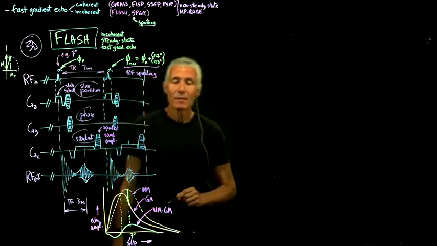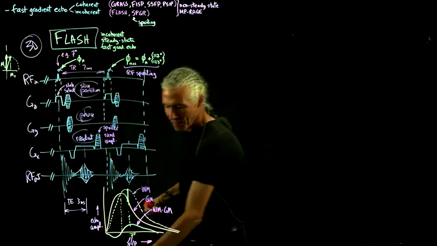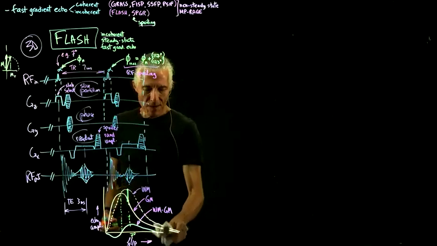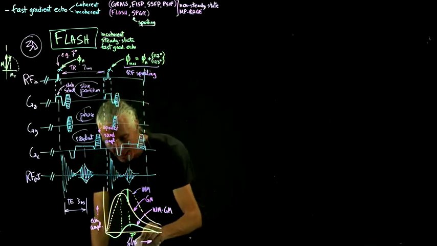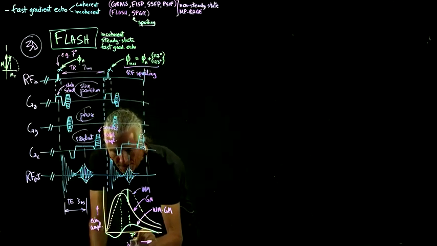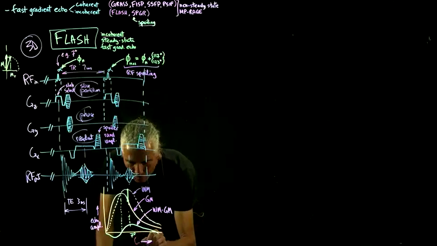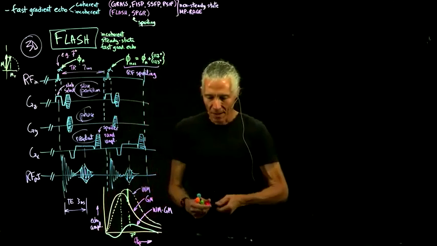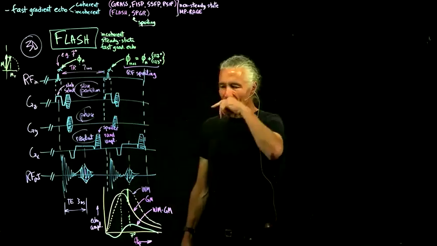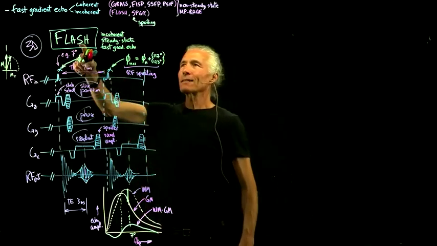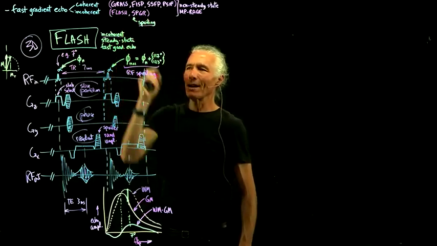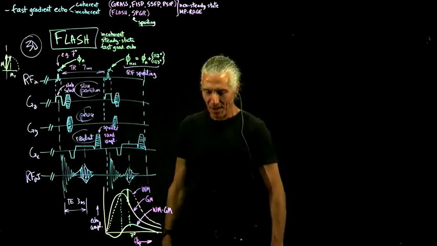Small flip angle. So you can get all different kinds of contrast here, but this is the one that would be commonly used, a small flip angle that results in the white matter being brighter. Okay, so that's our regular FLASH spoiled GRASS scan.